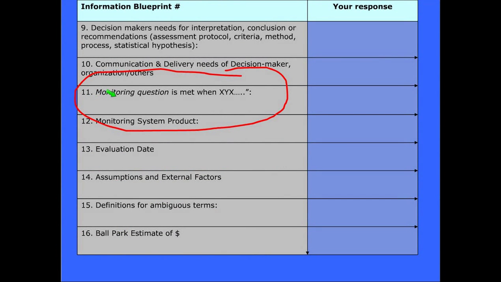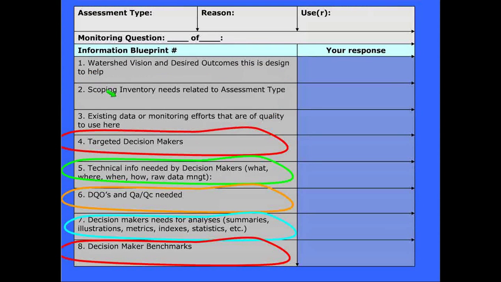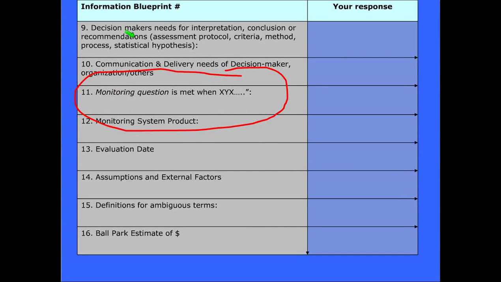Your monitoring question, which, okay, again, is at the top here. What's your monitoring question right here? This fact sheet says the monitoring question is met when I'm asking you to answer this ambiguous question so you can track your evolution of answering it. That's a measurable result. You can put down here, what are your products of monitoring? And this is where you can put your bean counting things. When are you going to evaluate this question?